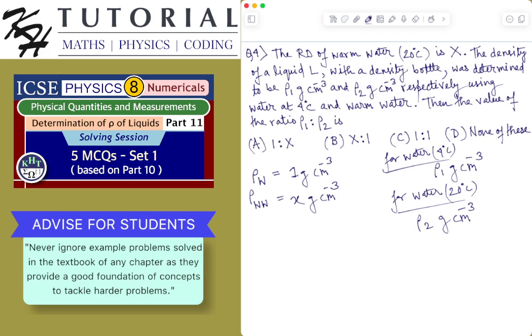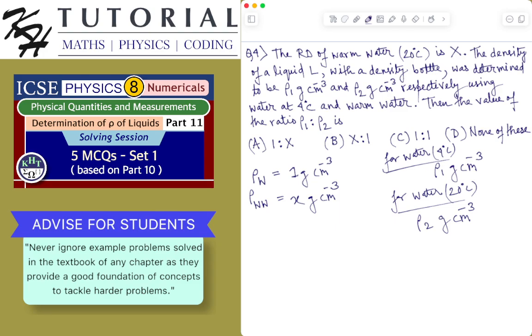Now the question is, will we get a different value of density for the liquid? See, the liquid L is the same. If we use water at 4 degrees centigrade once to find the density with the density bottle, and use water at 20 degrees centigrade to find the density, no, since we are measuring the density of the same liquid, the density of the liquid will not change.